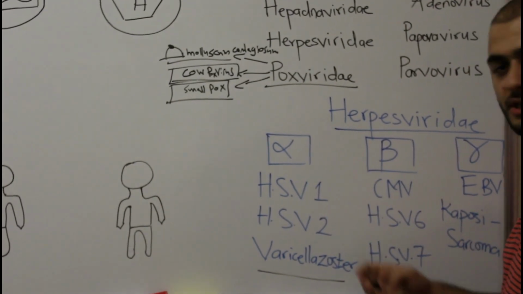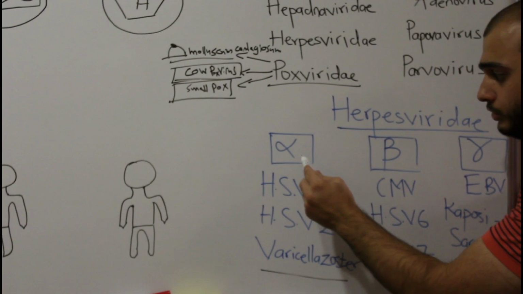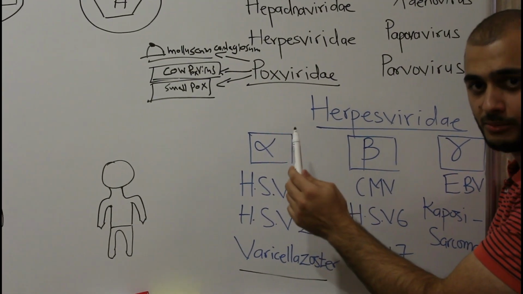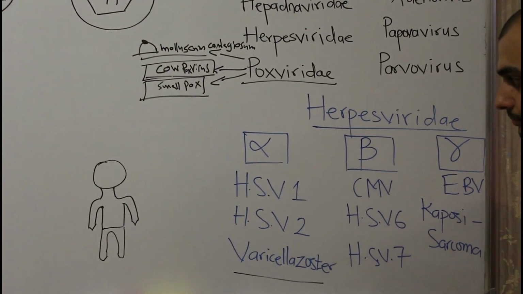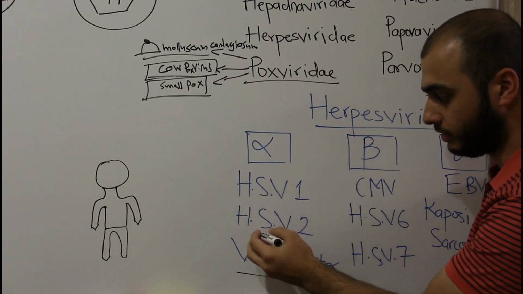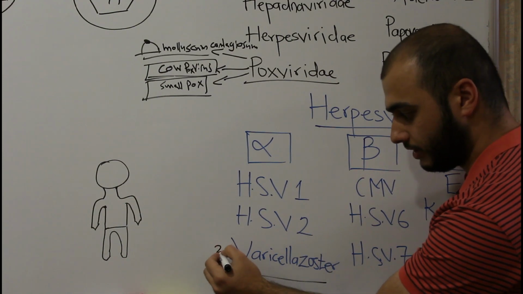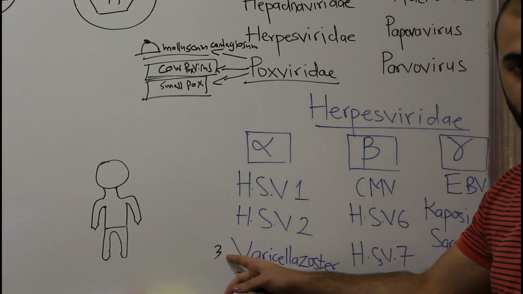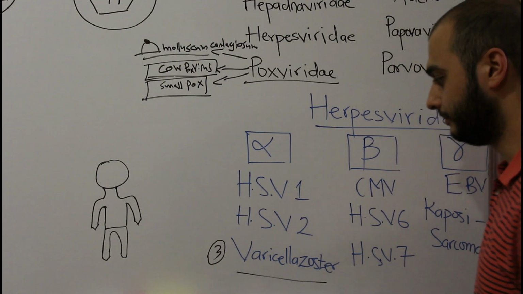the classification of herpes viruses, which comprise three groups: alpha, beta, gamma. Group alpha comprises three viruses: herpes simplex 1 and 2, and varicella zoster or chickenpox virus, which takes number 3.